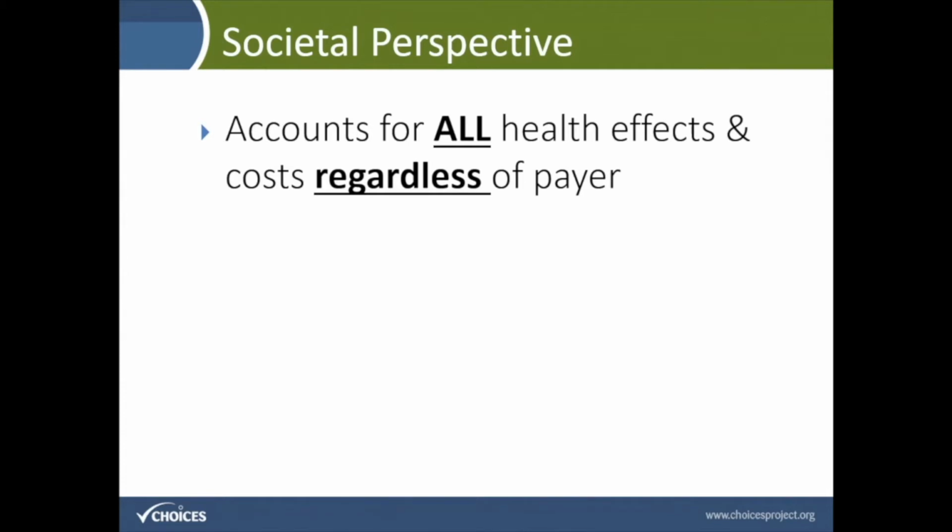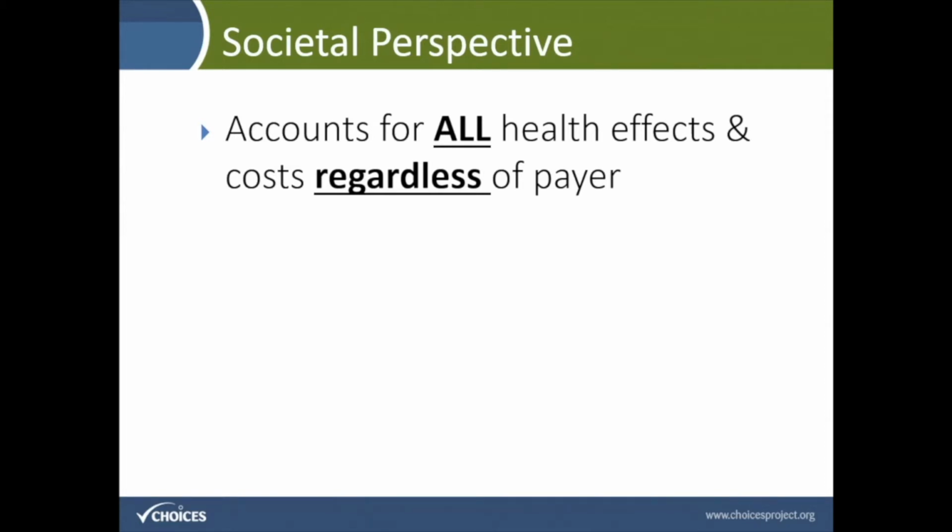In this case, costs include not only medical and other resources, but also the time of patients and unpaid caregivers, which can be monetized. In contrast, cost-effectiveness analysis done from other perspectives can reasonably omit some of the outcomes and costs if they are not of interest to the decision makers coming from that perspective.